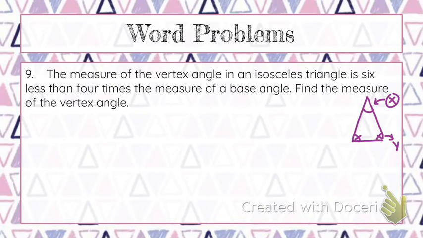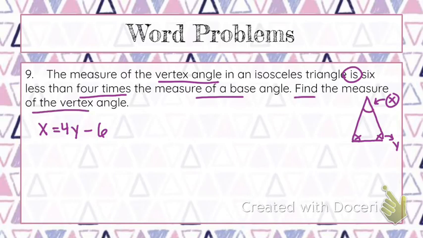Now, we might have to solve for both to get there, but x is the only one that we need for our answer. Okay, so the measure of the vertex angle, so that's x, equals 6 less than, so something minus 6, 4 times the measure of the base angle, so 4 times y.